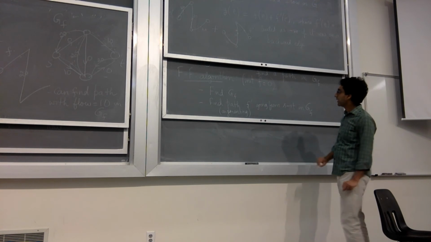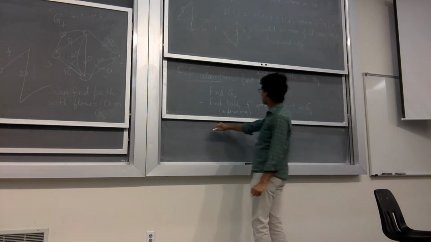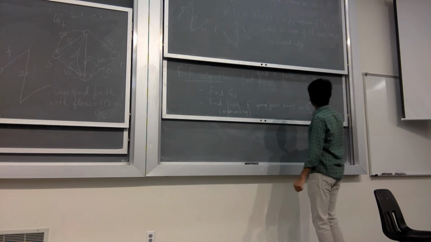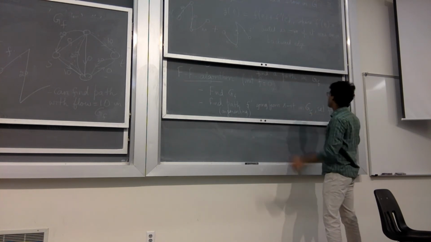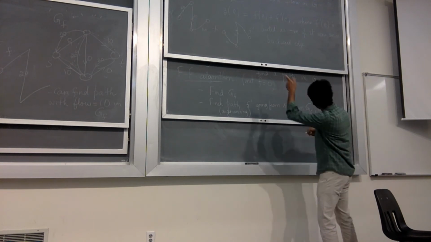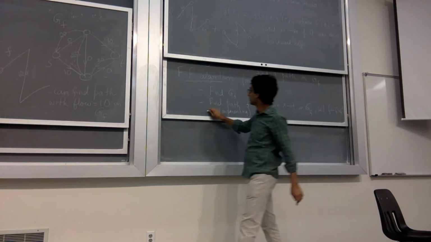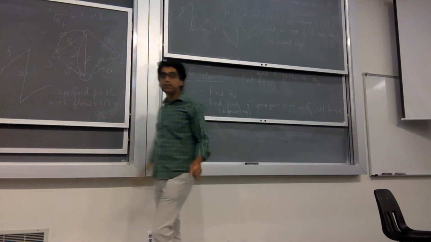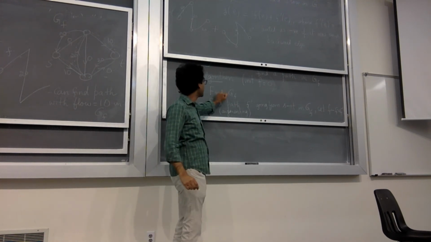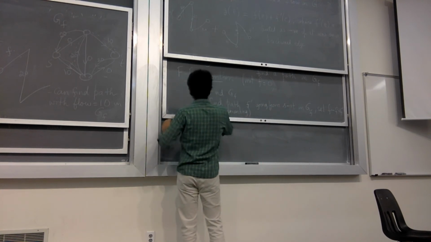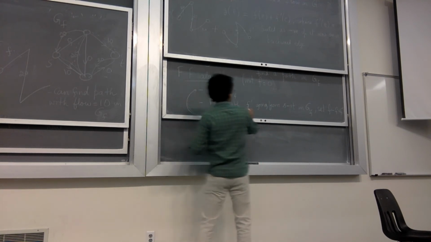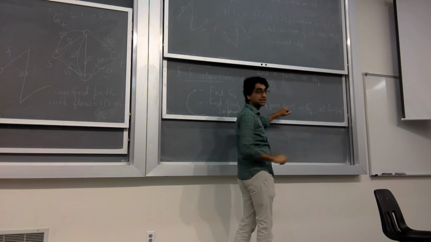And you set f to f plus f prime, where f plus is defined like I did before, and repeat until finding a path in the G sub f step fails.